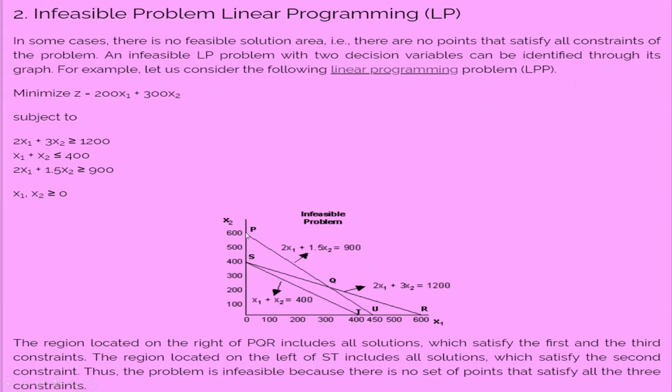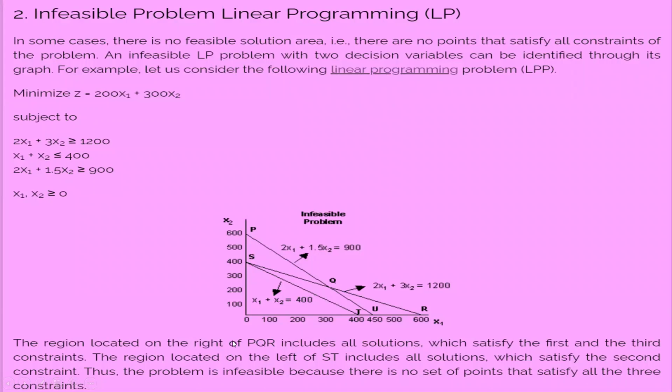Here the line PQR includes all the solutions which satisfy the first and third constraints, that is 2x1 plus 3x2 greater than or equal to 1200 and 2x1 plus 1.5x2 greater than or equal to 900. This will be in this region above the PQR. Whereas the region located to the left of ST, that is x1 plus x2 is equal to 400, will satisfy the second constraint.